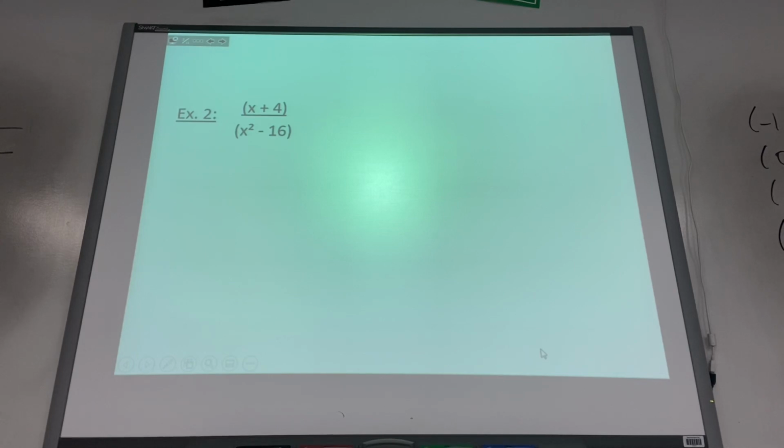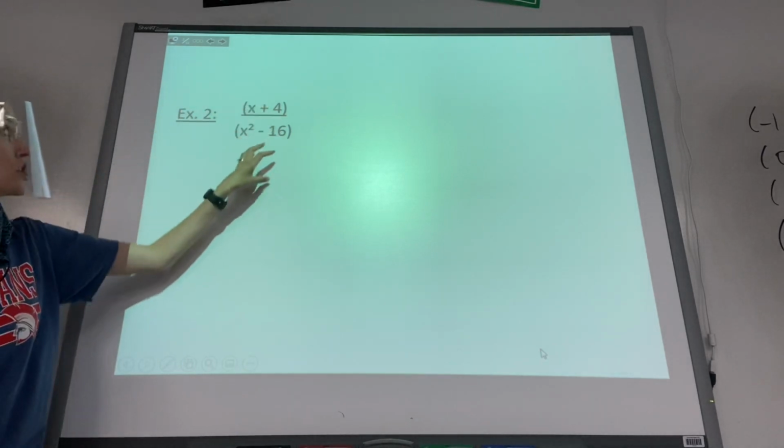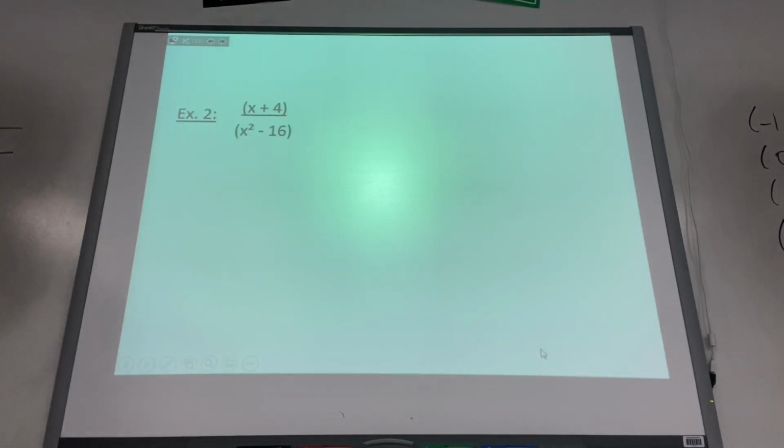Example 2. x plus 4 all over x squared minus 16. Again, we haven't really got to the multiplication or division part yet. This is just one rational expression that we're trying to simplify.